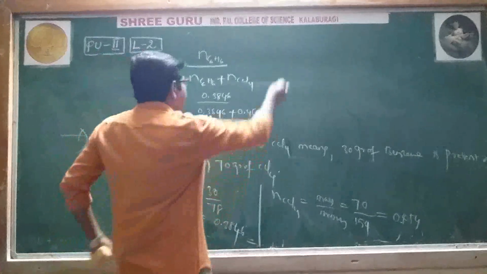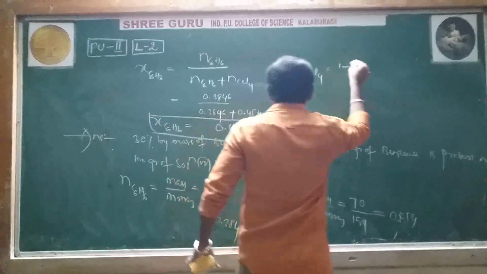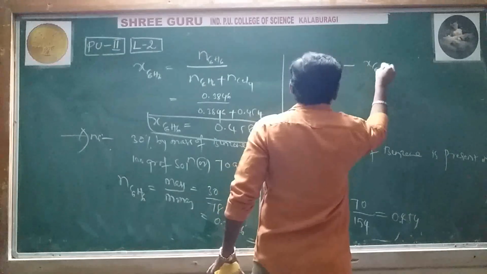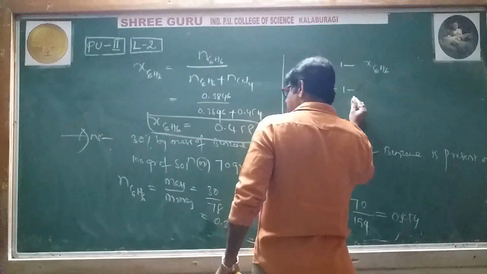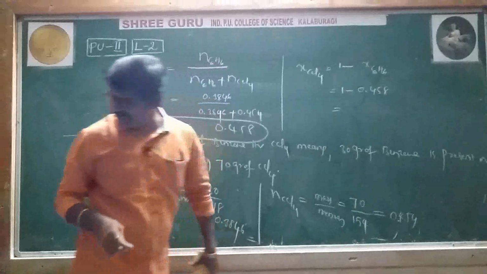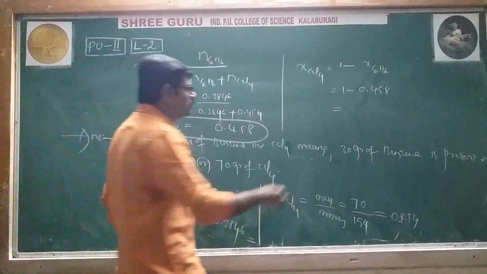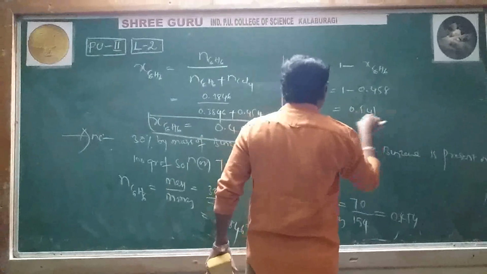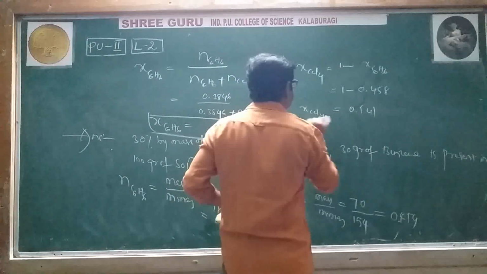Otherwise, directly we can calculate the mole fraction of carbon tetrachloride equal to 1 minus the mole fraction of benzene. 1 minus 0.458, if you subtract, you will get 0.54. Right. This is the mole fraction of carbon tetrachloride.